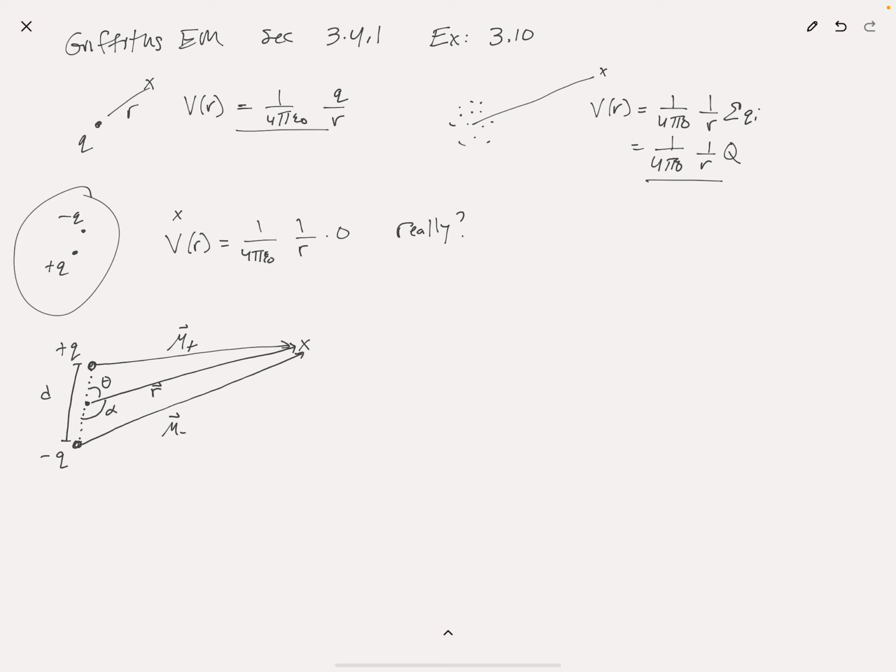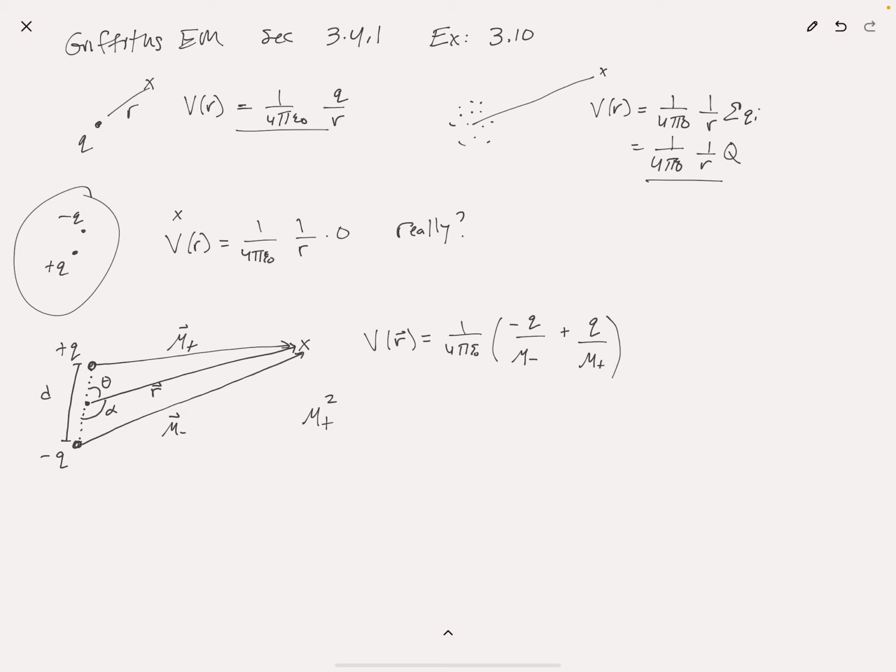So I can more generally write the potential at this point in space as 1 over 4 pi epsilon naught times minus Q over the distance from the minus charge plus Q over the distance from the plus charge. Now let's go ahead and rewrite what these script r vectors are going to be. Okay, so script r plus, I'm going to use the law of cosines here.